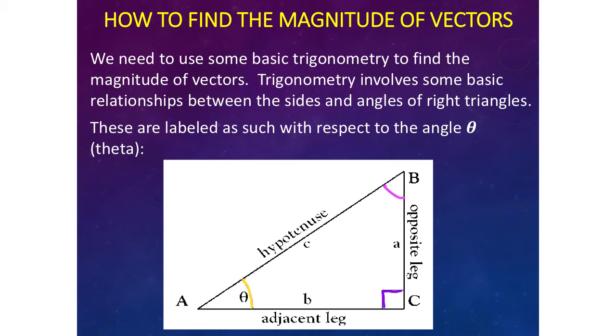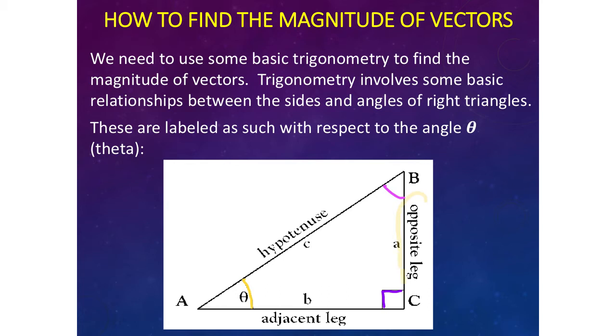Now, the hypotenuse of the triangle is always the hypotenuse of the triangle. It's the longest side. It is the side opposite the right angle. But if I'm looking at this yellow theta angle, then basically I can describe the other sides of the triangle.